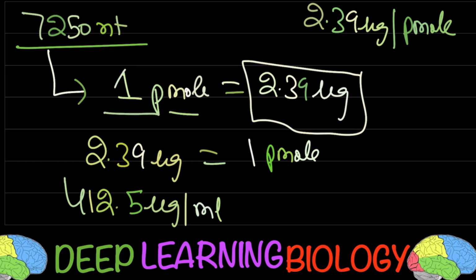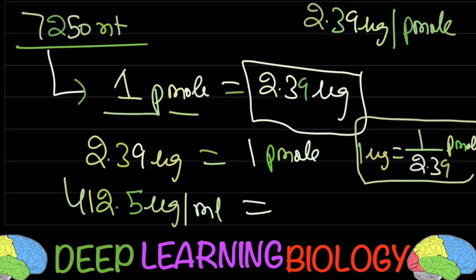So 2.39 microgram is 1 picomole, and for 412.5 microgram, what will it be? Very simple. 1 microgram is equal to 1 divided by 2.39 picomoles.